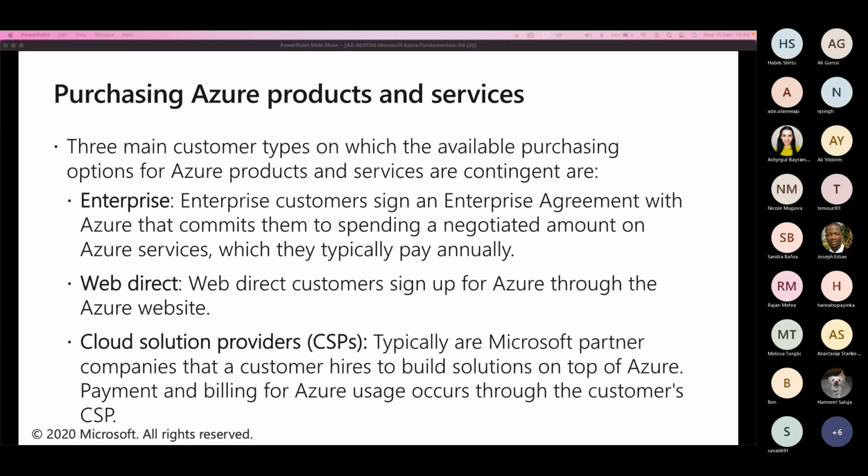So if we go to the enterprise level first, enterprise customers sign an enterprise agreement with Azure that commits them to spending a negotiated amount on Azure services, which they typically pay annually.